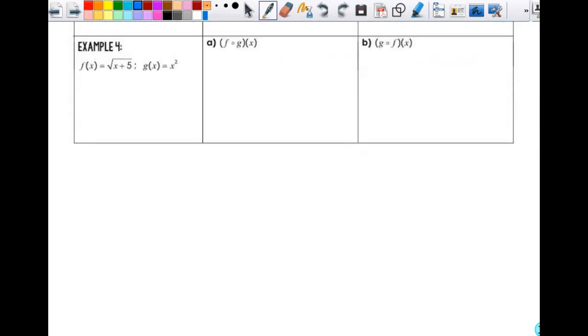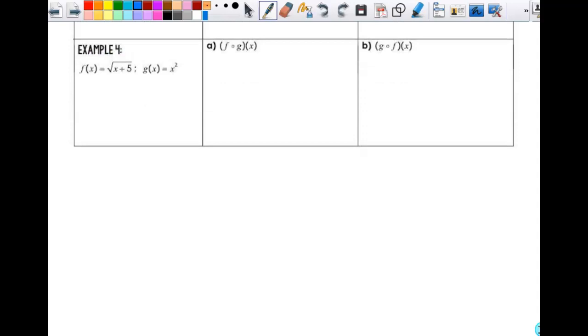All right, f of g of x. Go ahead and see if you can get that substituted in. f of g of x. Think about which one's on the inside there.